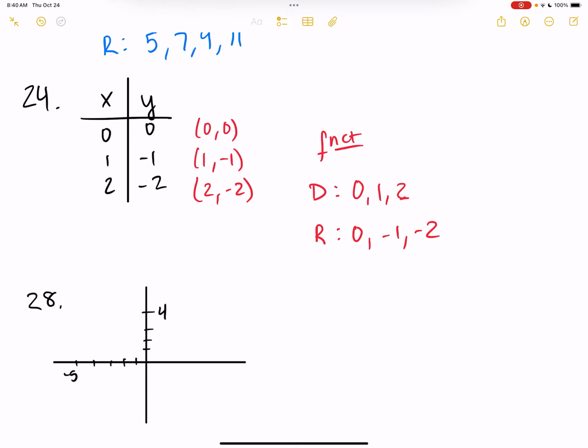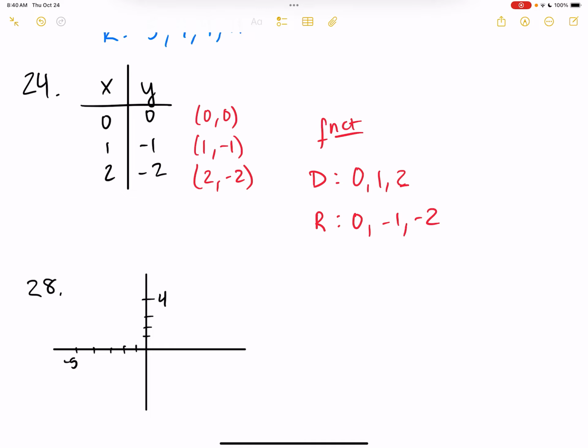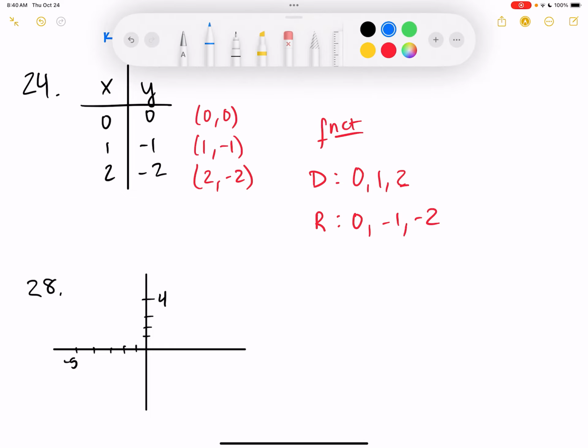Essentially, that's all that we need. I don't need this side over here. They've given us a graph.